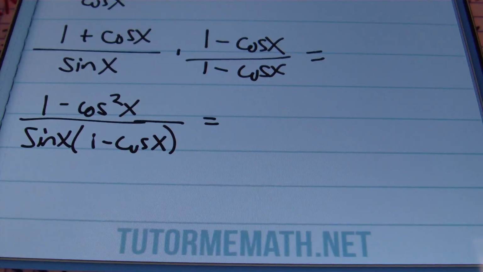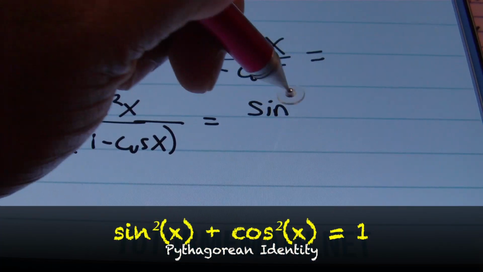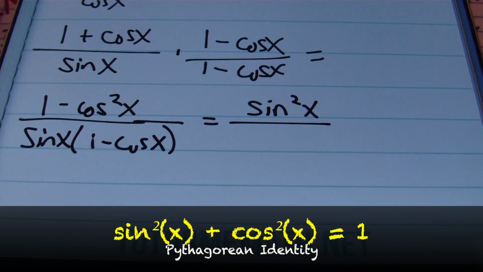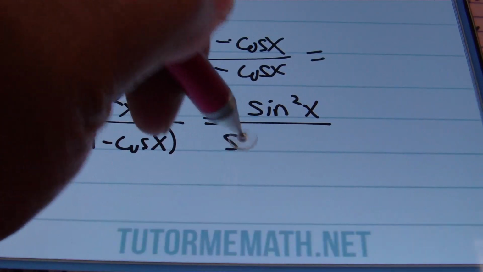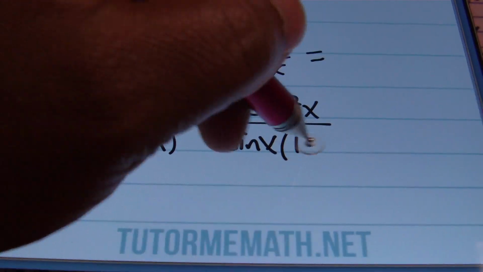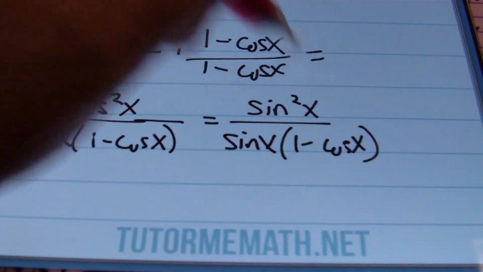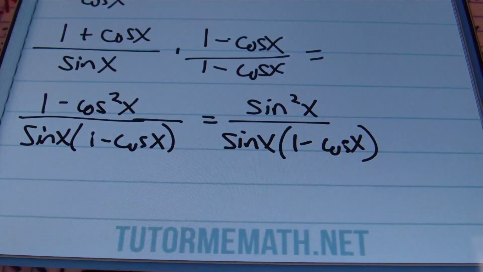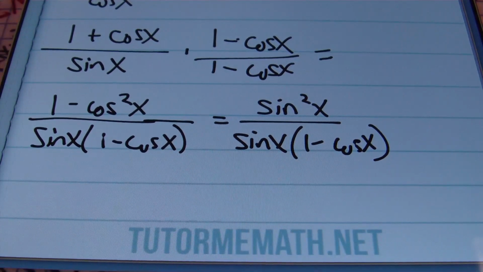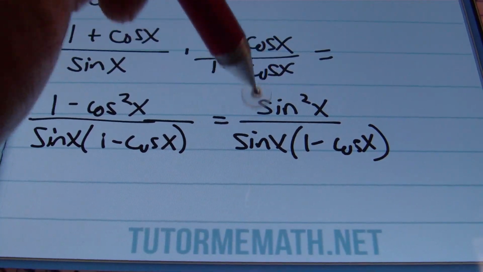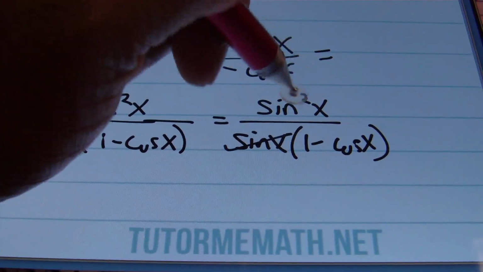Now, using substitution, we know that 1 minus cosine squared x, using that Pythagorean identity, is equivalent to sine squared x. And this is currently over sine x times 1 minus cosine x. So this is what we have thus far, and now I get an opportunity to simplify. Because I have sine squared x in the numerator over sine x, one of these sine x's will cancel out.